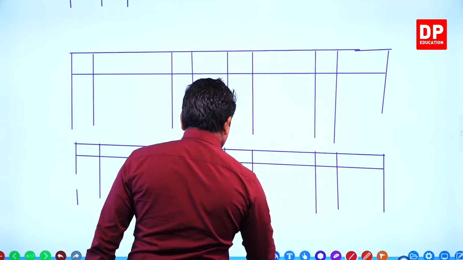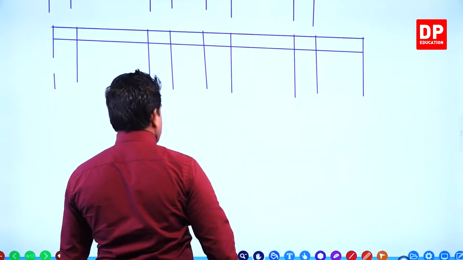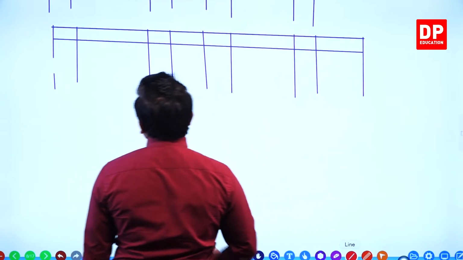We have to draw 2 more accounts. One is related to the machinery, the other one related to the furniture.